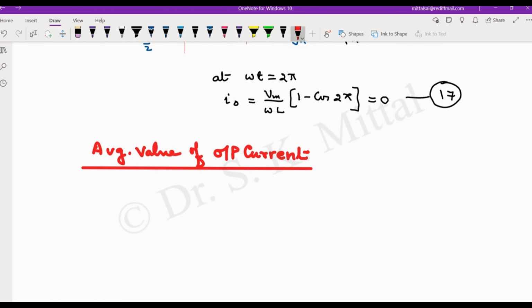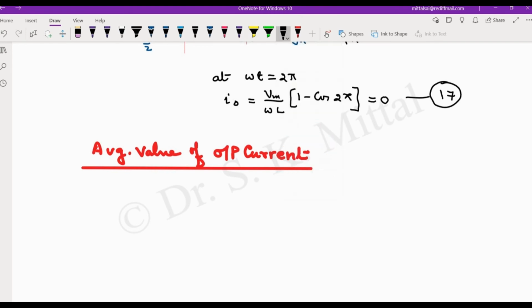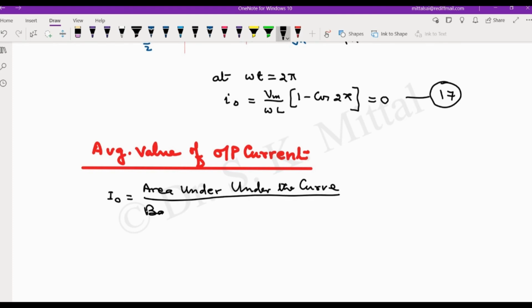On the basis of that formula, the average value of output current I0 may be calculated by considering area under the curve divided by base of the curve.